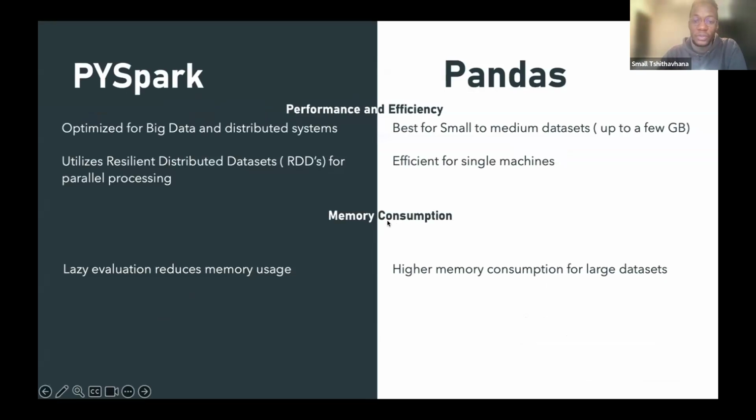When it comes to memory consumption, Spark follows an approach called lazy evaluation. It takes the data from the data source and temporarily stores it in its cluster.